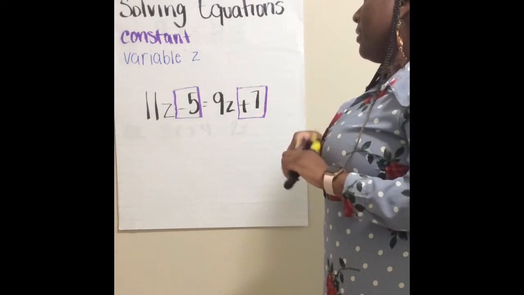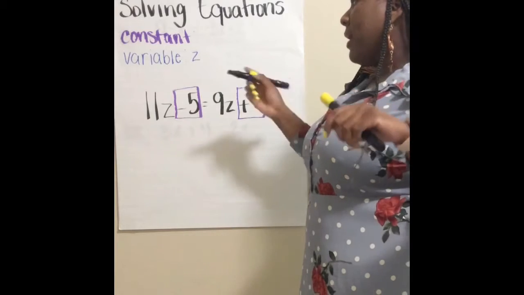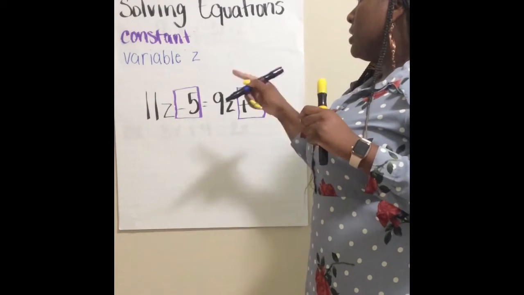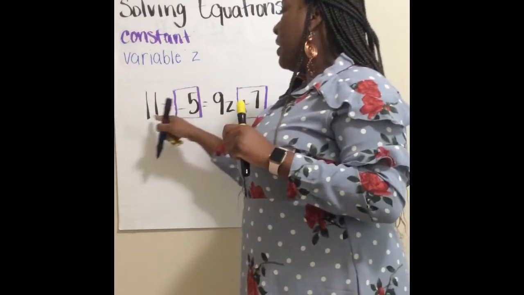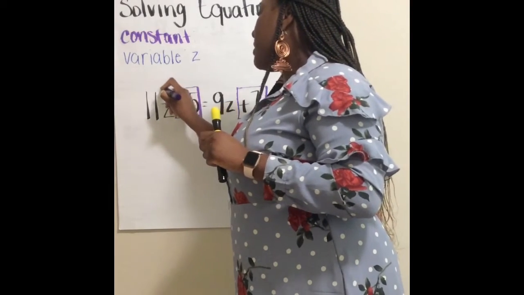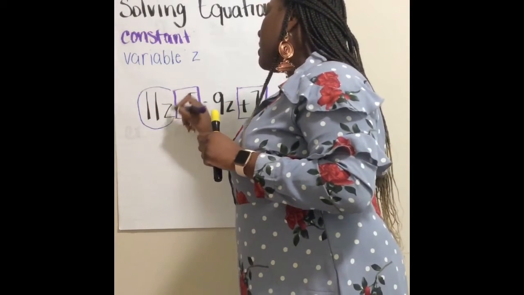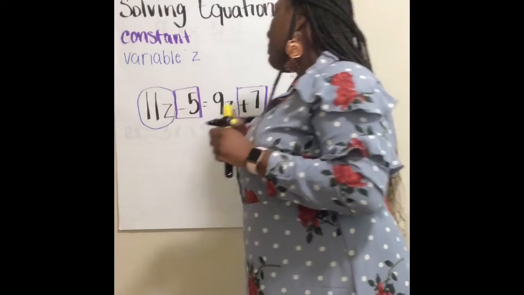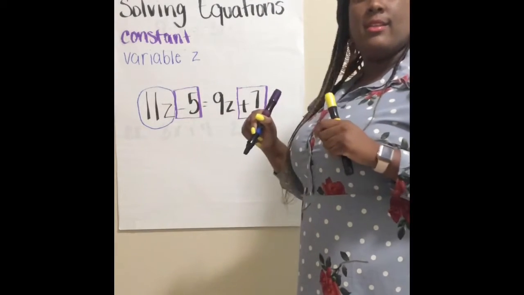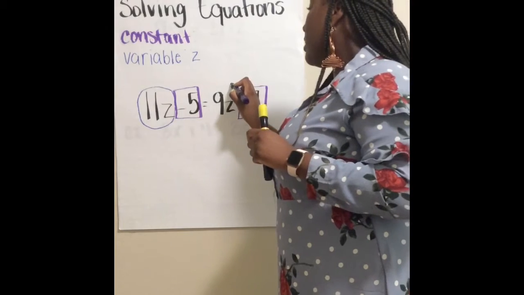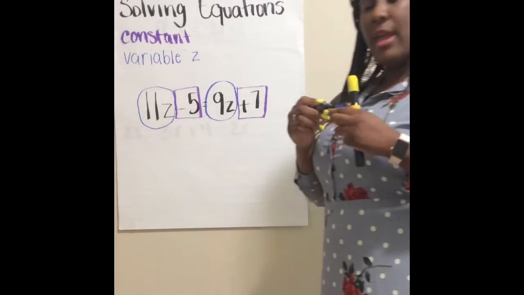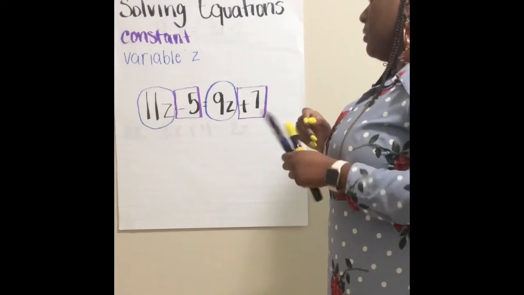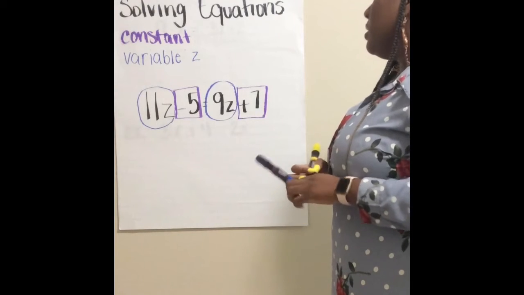So now we need to group our other terms. We need to group our variables. So 11z, we're going to put a circle around that because that's our variable. And then we have what? 9z. We put another circle around that. Okay? So now we're going to solve our problem.